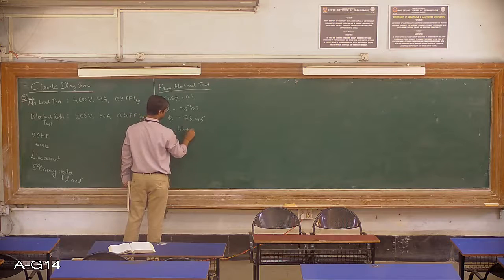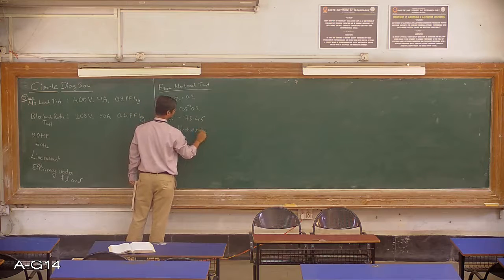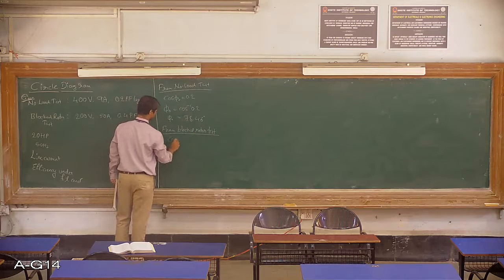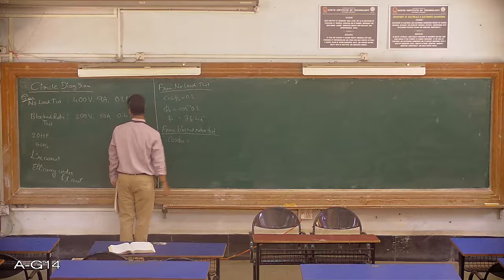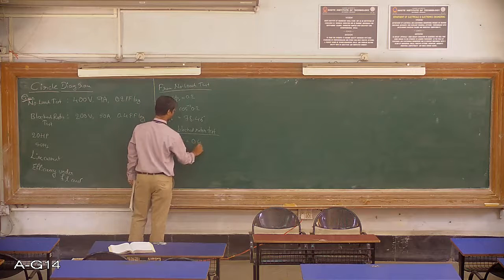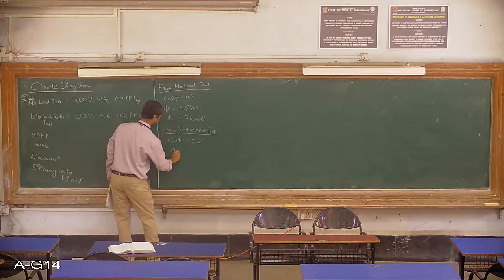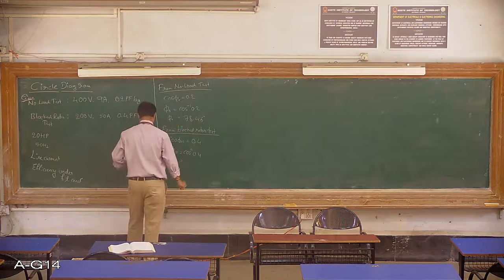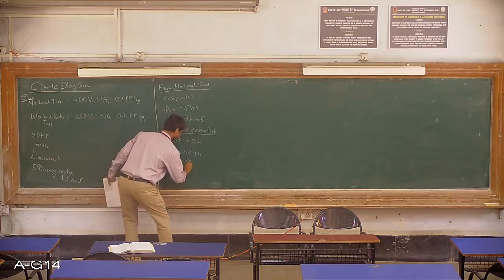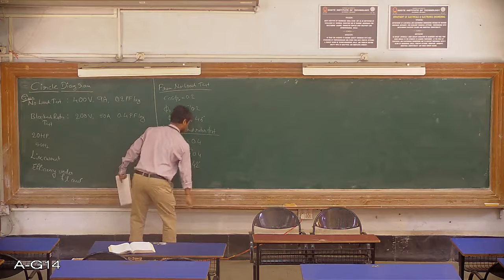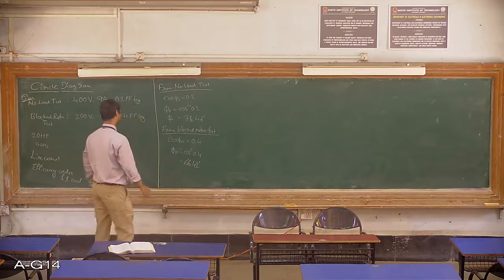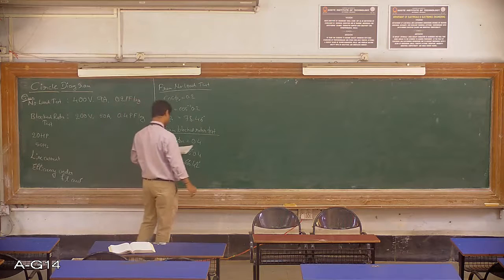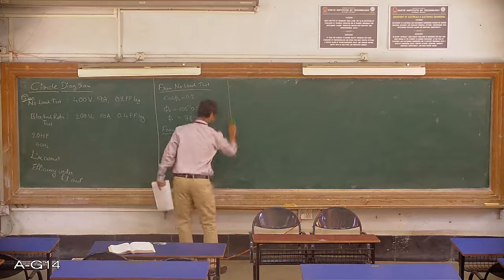Similarly, from blocked rotor test, cos phi SC is given as 0.4 lagging. So phi SC is cos inverse of 0.4. It results as 66.42 degrees. So once we know this phi naught and phi SC, we can calculate further parameters.